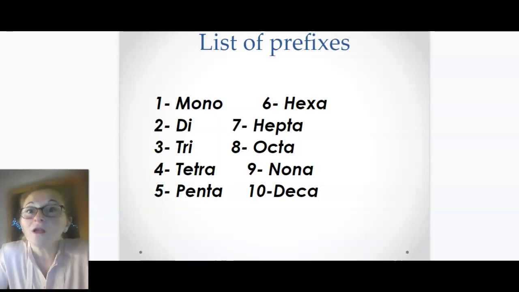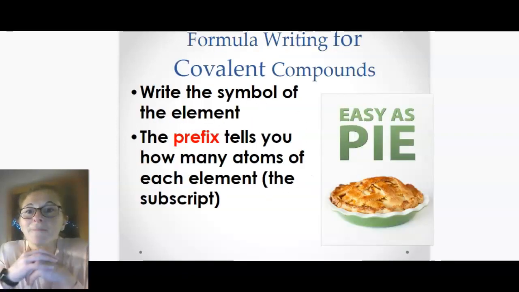Tetra means 4, like Tetris, that game, 4 blocks. Penta, like the pentagon, means 5. Octa, octagon or octopus, means 8. Nona, 9. I think it sounds like 9. And deca, decade, means 10. So a lot of these we already know, but those are the prefixes that we're going to use.